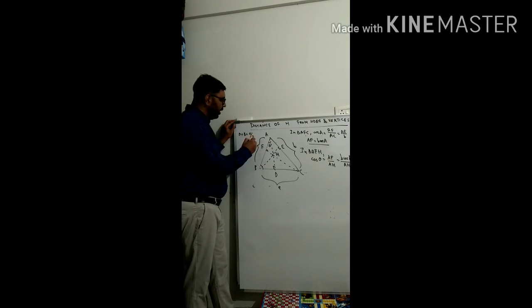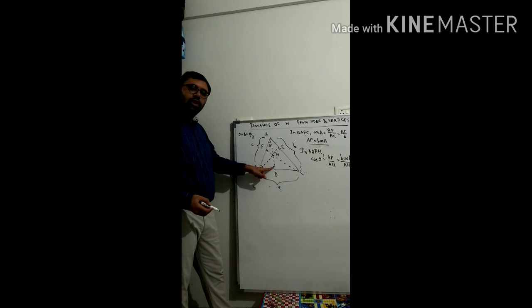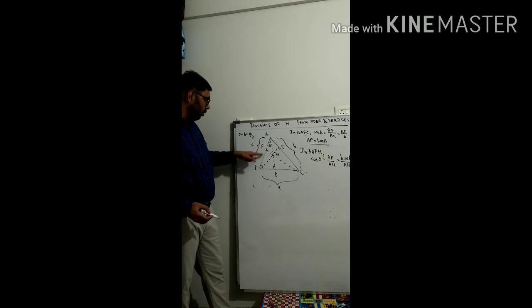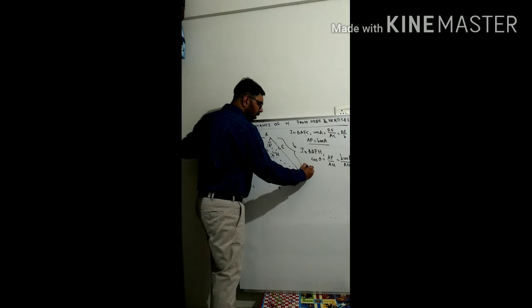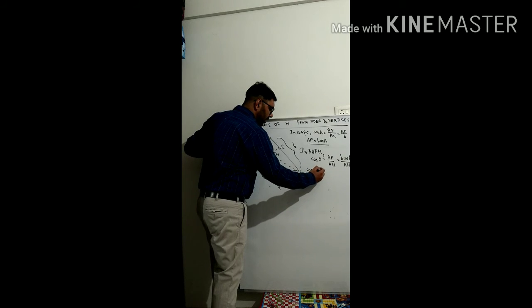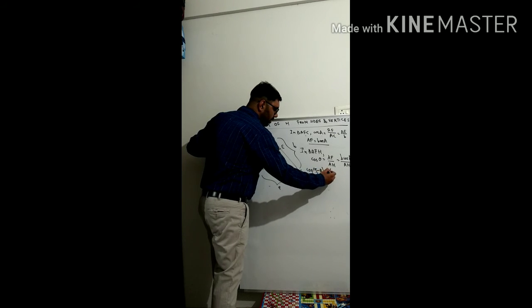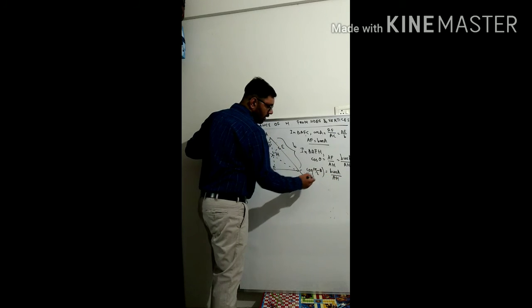If we take in radians, this is a right angle triangle, this is already pi by 2, which means these two angles will be complementary. So theta plus B is 90 or pi by 2, which means theta will be pi by 2 minus B. So I can write cos of pi by 2 minus B is equal to B cos A divided by AH. Now cos and sin are complementary.